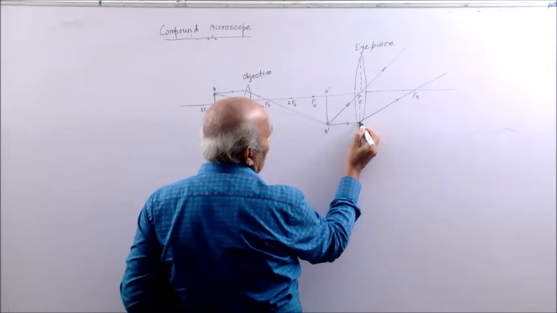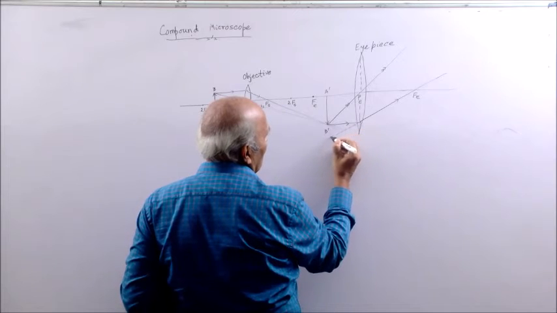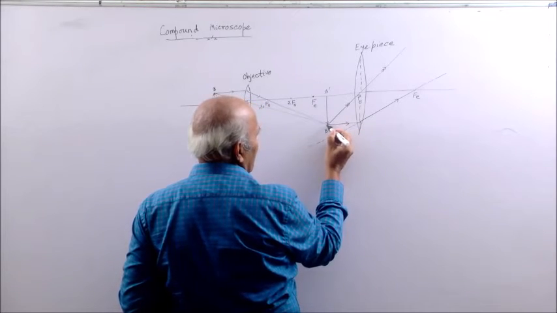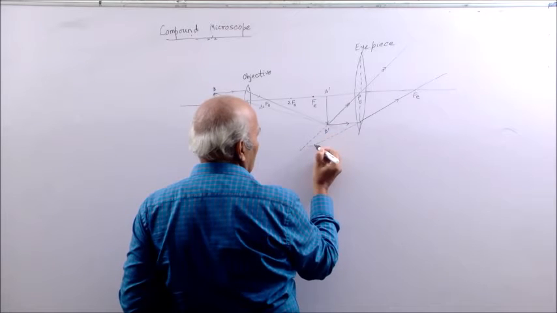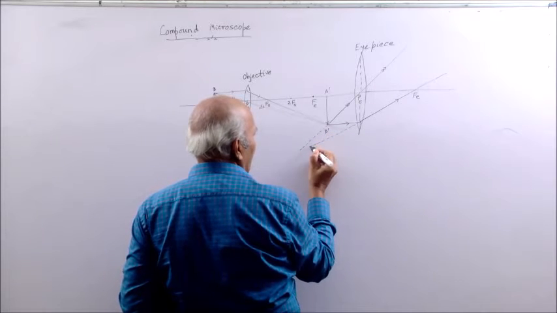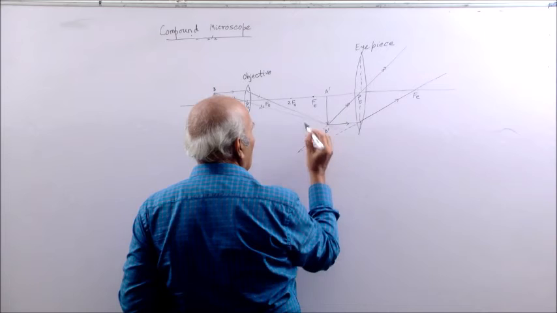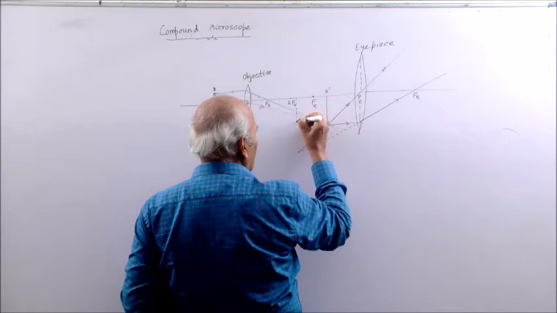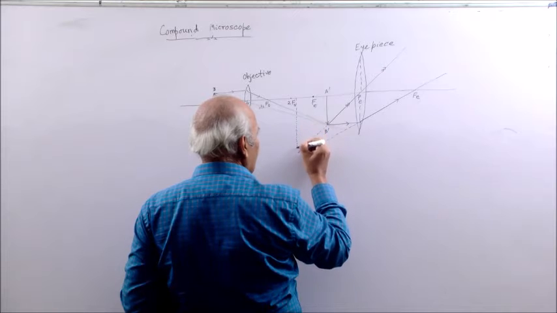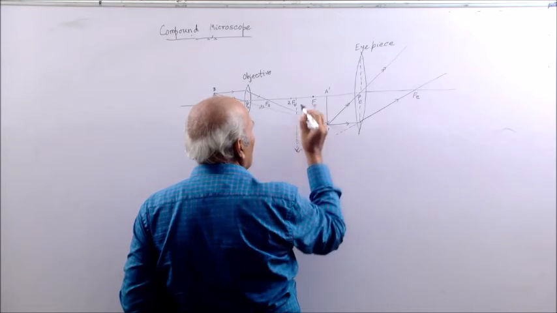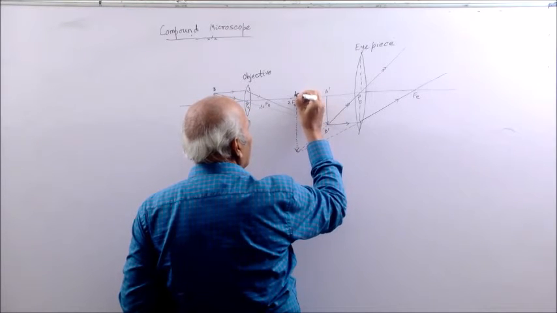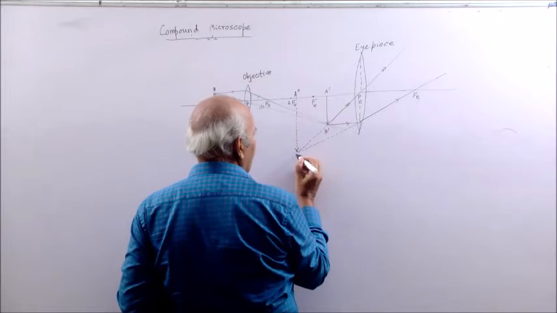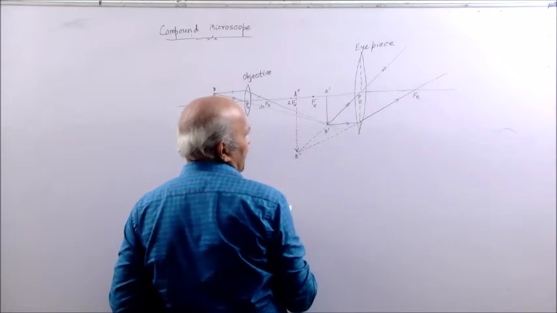So, therefore, you have to extend them backwards to get the virtual magnified image. And this image you can say A double dash, B double dash.